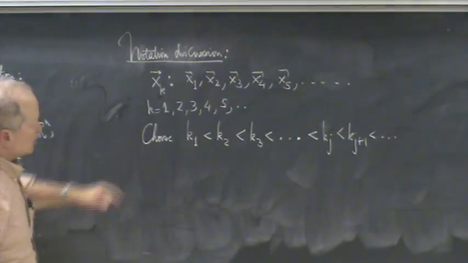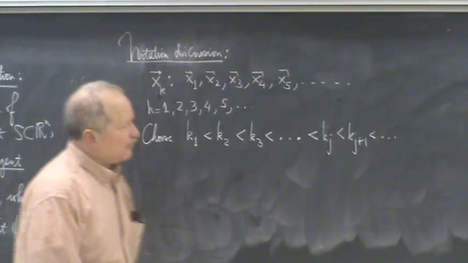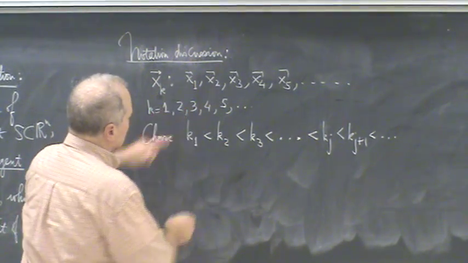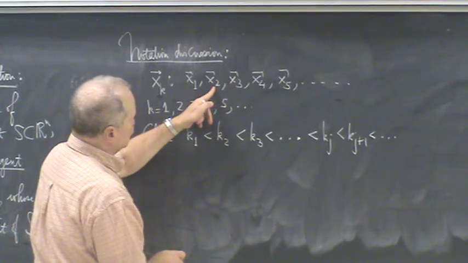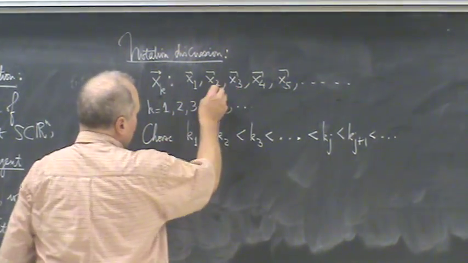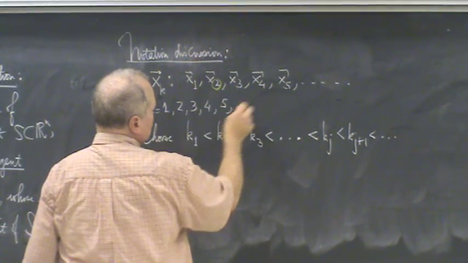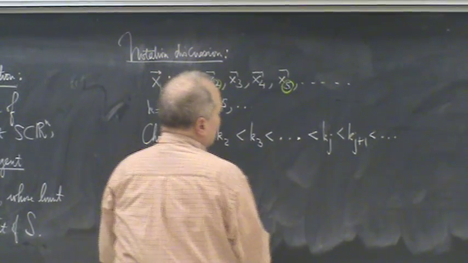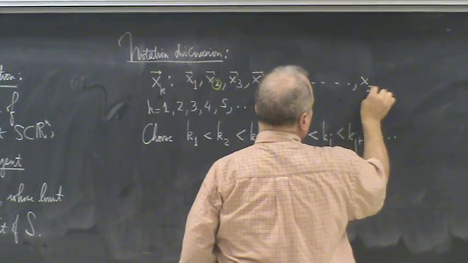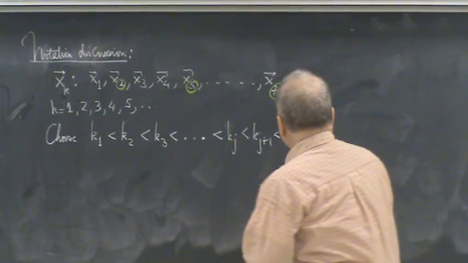And the prescription here is that you have to proceed in order as the subscript increases. In other words, you can't go from x2 to x5 and then come back to x3. You can't do that. You have to keep moving to the right in the list of integers. So this could be your first one, this could be your second one, maybe down here this would be your third one.